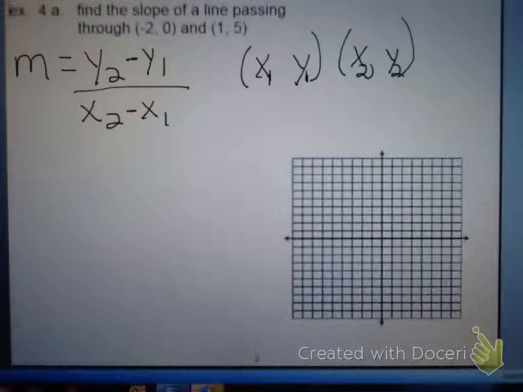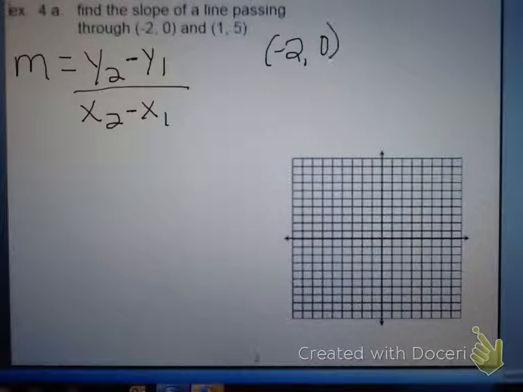It doesn't matter which one you identify as which point, either one works. What I like to do is rewrite the points underneath. I label the first point x2 and y2, and my second point x1, y1, just because it flows into the formula a little bit easier.